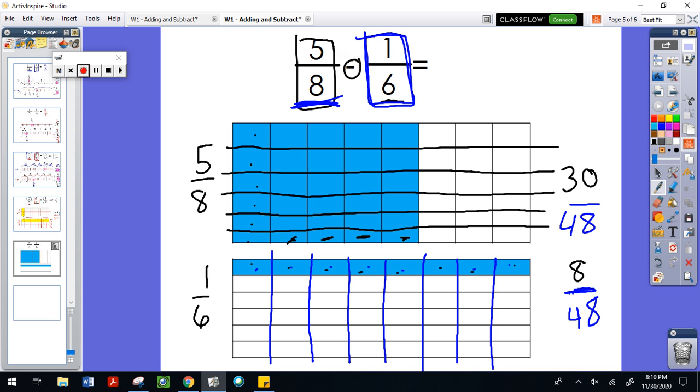And again, we're being asked to subtract here. So that means we're going to do 30 48ths minus 8 48ths. Well, we know our denominator stays the same, so 48. And then 30 minus 8 is going to be 22. So 5/8 minus 1/6 would give me 22 48ths.